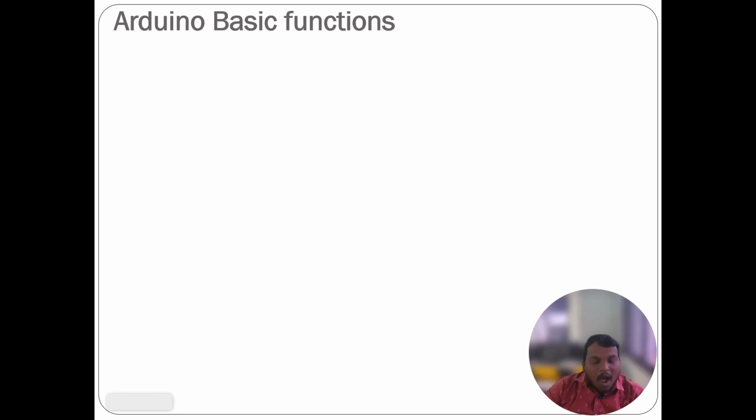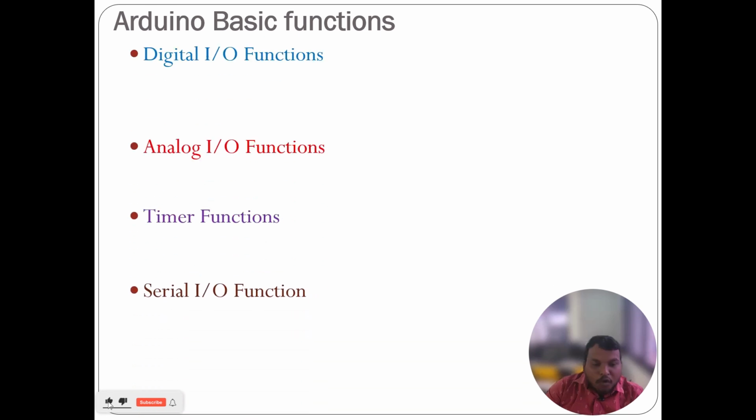So basic Arduino functions. There are four basic Arduino functions. First one is digital input or output functions. Second one is analog input or output functions, timer functions and serial input or output functions.